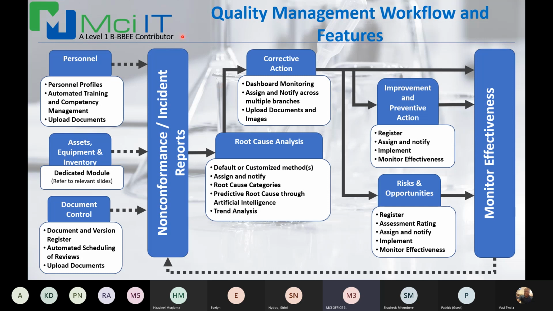I'm just going to activate my laser pointer. So quality management revolves a lot around non-conformances and incidents. Ultimately, you want to reduce those, and where they come up, and they always will, to manage them in a way that prevents the likelihood of them recurring in the future or in other departments. If it's identified, you would have to do proper root cause analysis. Based on your root cause analysis, you would have to apply corrective action to rectify the matter at hand.